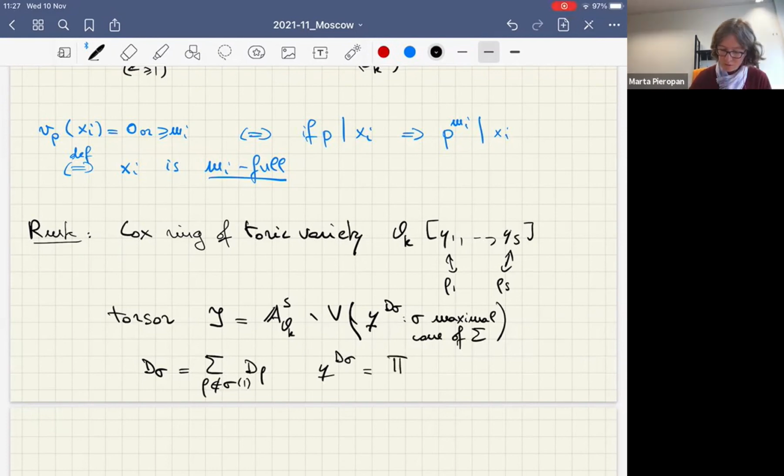We take the product over all the coordinates, and then the exponent of y_rho would be the coefficient of rho in here. So in this case, it is 1 or 0: 1 if rho does not belong to sigma(1), and 0 if rho belongs to sigma(1).